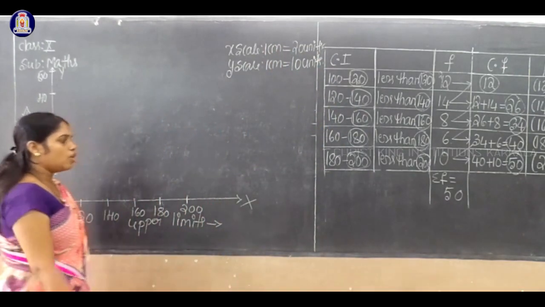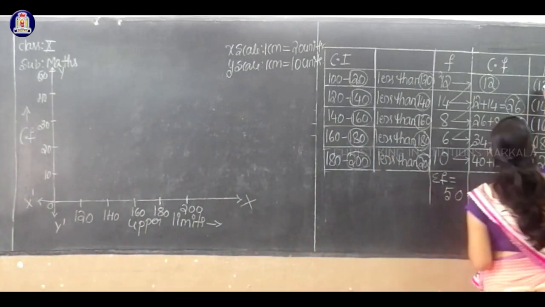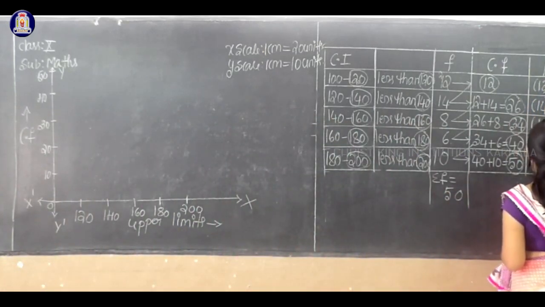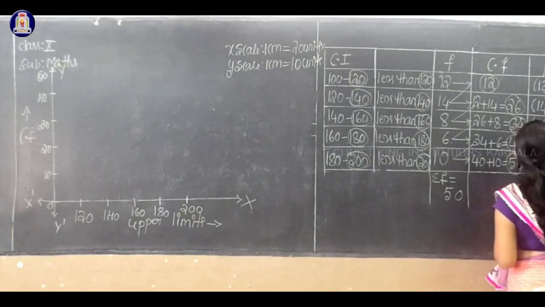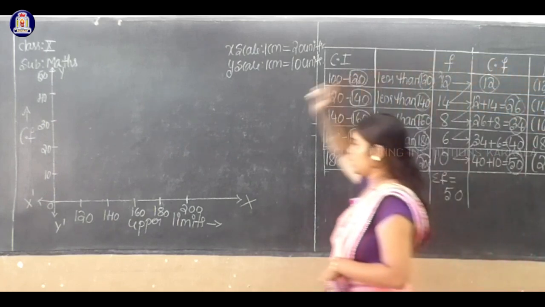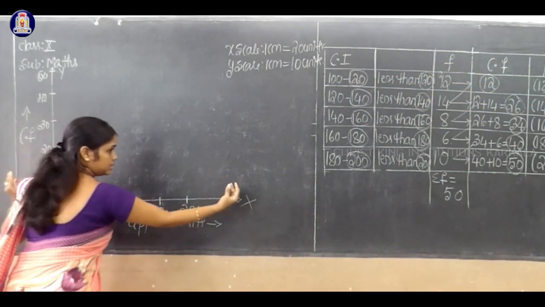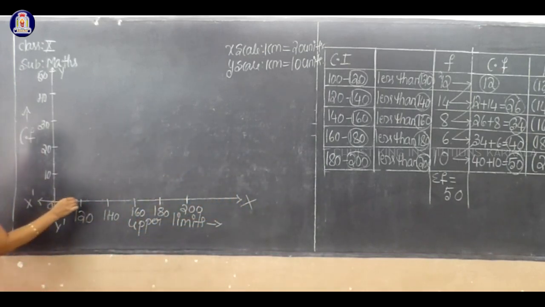Now I'll plot the points. What is your first point here? 120, 12. That means the x coordinate is 120, the y coordinate is 12. This is your x-axis. On this x-axis, where is your point 120?